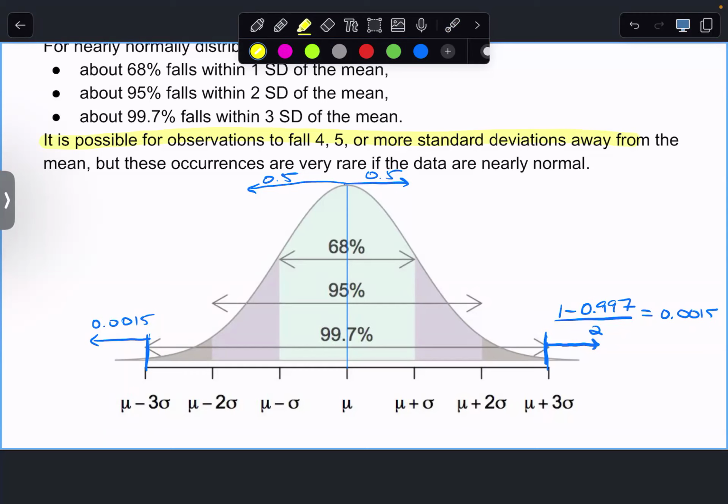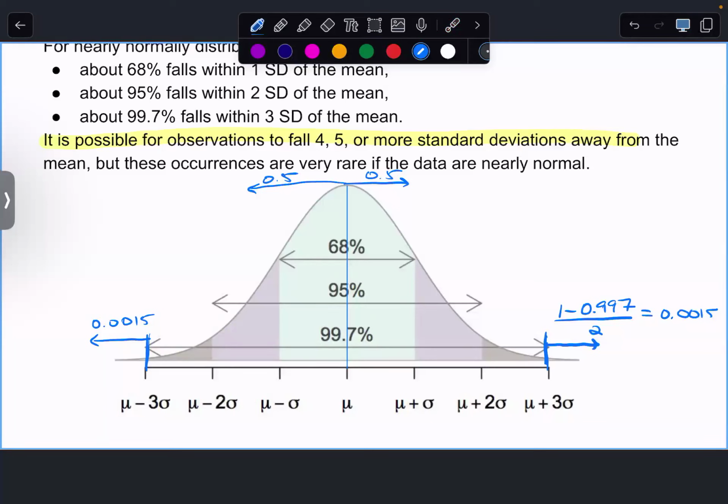The probability of that happening, if it's positive, is less than 0.0015, somewhere between 0 and 0.0015, for example. So the 68, 95, 99.7 rule is just a quick approximation of the probabilities or the areas. If you don't have a table, then these are the values that I would use, 1, 2, 3.